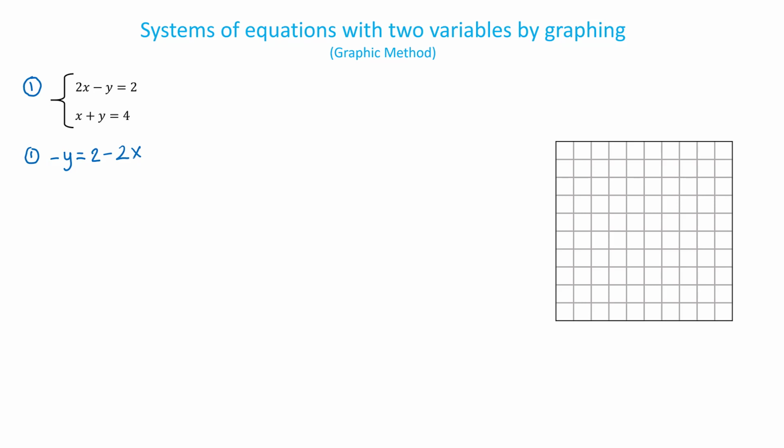The way to do that is to multiply the whole equation, both sides of the equal sign, times minus 1. Doing that keeps the same values but changes all of the signs. So it's now positive y equals negative 2 plus 2x. As you can see, I just changed the sign of everything in the equation. Now my y is cleared.